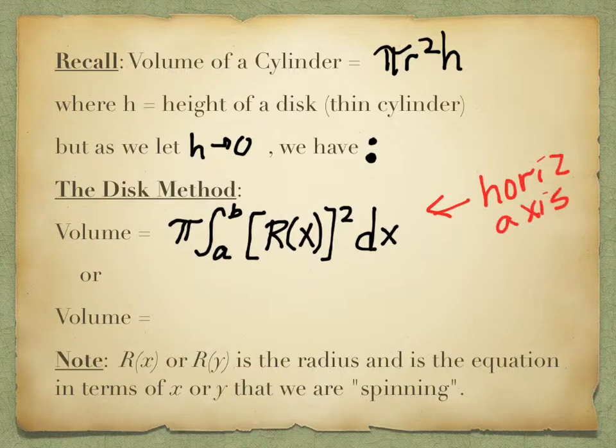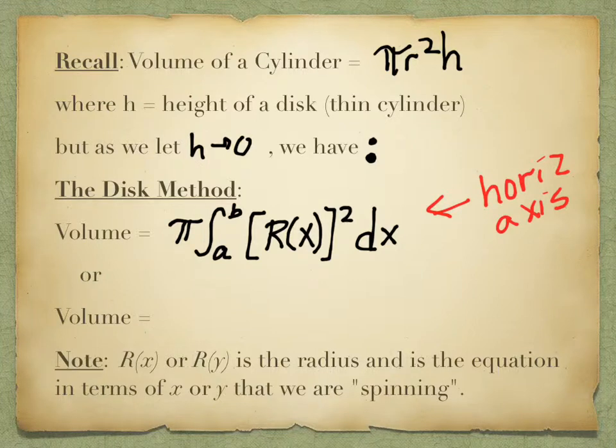And we're going to be using this formula. And you can see the formula for the volume of the cylinder sort of hidden within there, right? You've got the pi, you've got r of x squared, that's a radius squared, and then just like he talked about, that dx is actually the width or the height of your cylinder, okay?